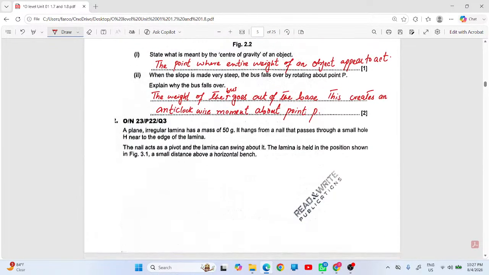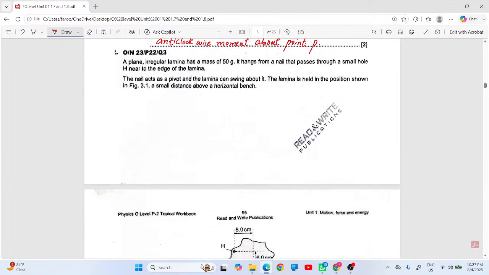नेक्स्ट इज क्वेश्चन नंबर सेकेंड. जी मायदा पढ़े. अच्छा, मैं जरा पढ़ता हूँ, आपकी बात सही नहीं आ रही. कहते हैं a plane irregular lamina has a mass, this one mass is 50 10 raised to power minus 3.